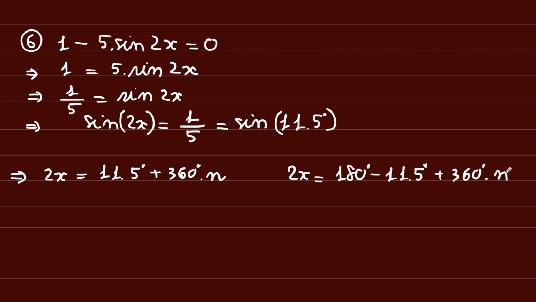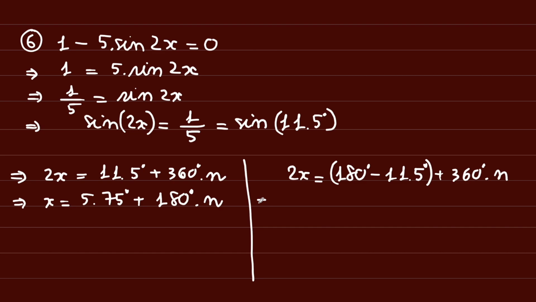Oh, I'm sorry, I need to put the parenthesis in this one. Okay, divide by 2, of course, 11.5 divided by 2, you got 5.75 degree, and divide by 2 for this case, you got 180 degree multiply n.